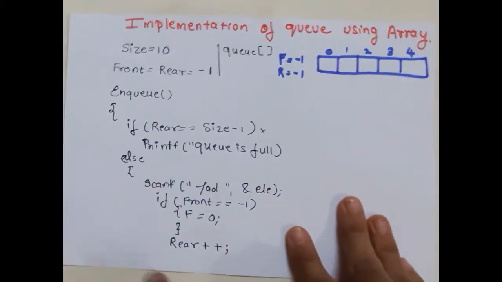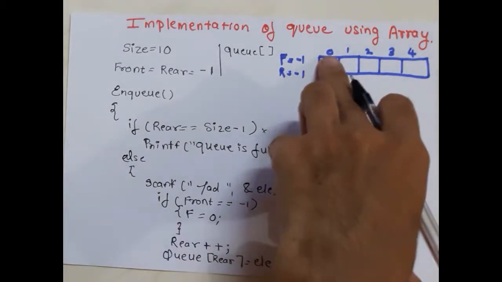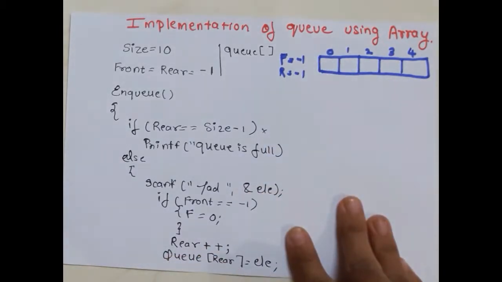Wherever the rear is pointing, the element will be inserted, so q of rear equals element. If rear is pointing to 0, then q of 0 equals element. If rear is pointing to 1, then q of 1 equals element. So this is a simple enqueue operation.